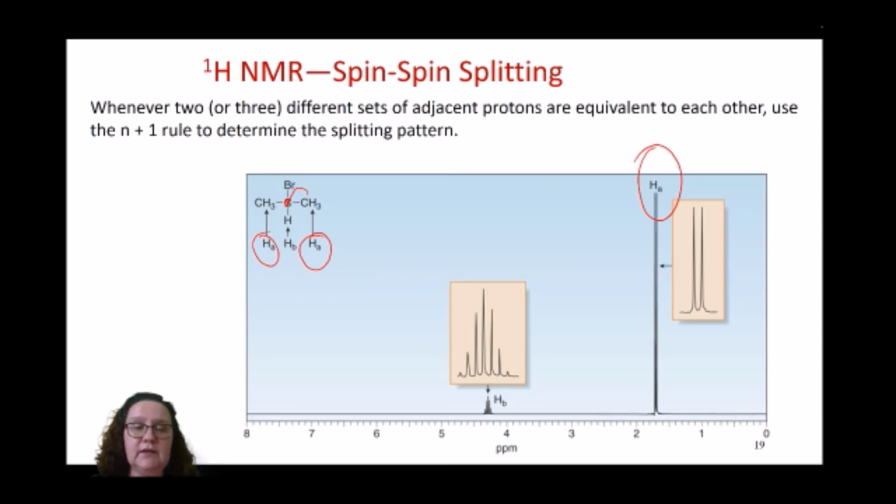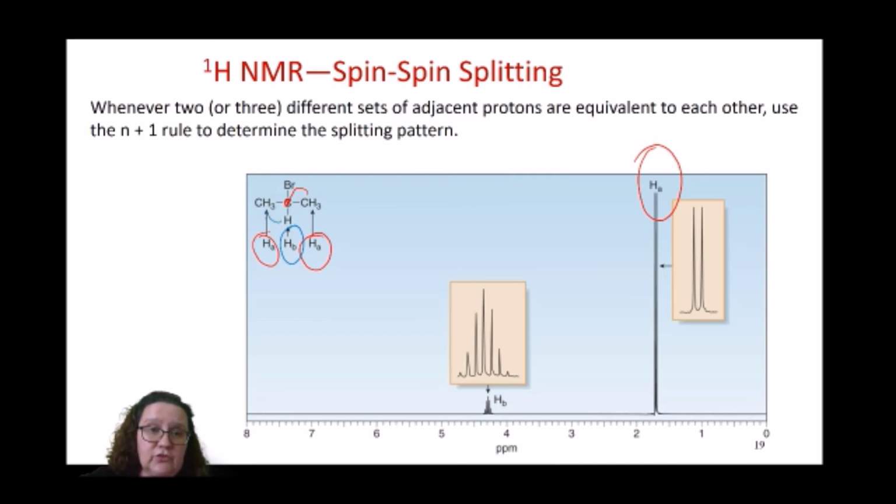Let's now look at the other chemically non-equivalent hydrogen in this molecule, and that is Hb. Because it's a particular hydrogen in a particular environment surrounded by particular atoms, it will appear in a particular part of the spectrum. What will be the splitting of that peak? Well, for that we need to look at the neighboring carbons and the hydrogens attached to them.